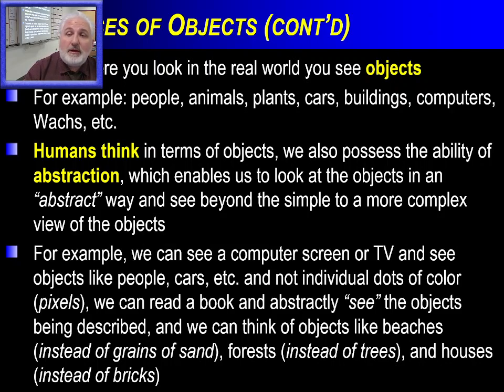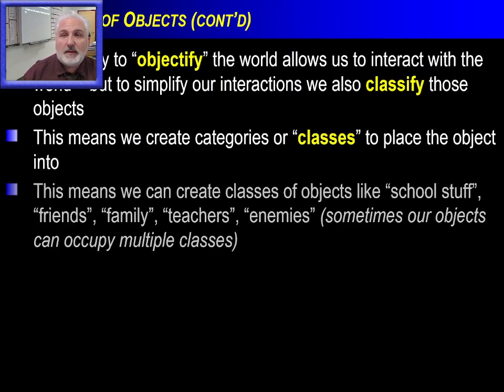When we look at people and cars or buildings, we don't necessarily see the individual bricks, we see the building as a whole. We can see a book and we can see not only pages collected into books, but paragraphs collected into pages, sentences collected into paragraphs, words collected into sentences, and letters collected into words. We can objectify things and make objects out of things, and then also collectively see those in abstract terms.